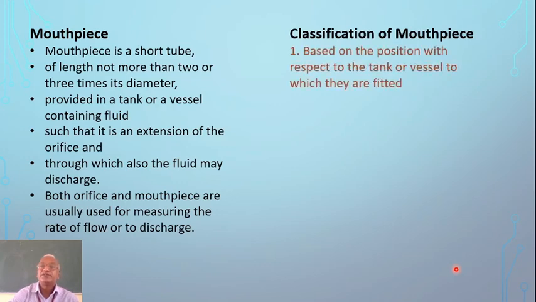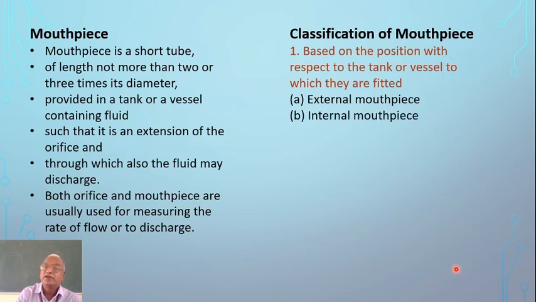Now classification of mouthpiece. Number 1, based on position with respect to the tank or vessel to which they are fitted. It can be an external mouthpiece, attached externally, or it can be an internal mouthpiece.